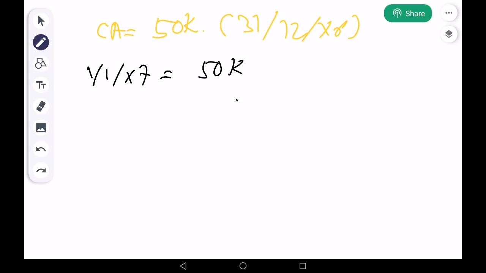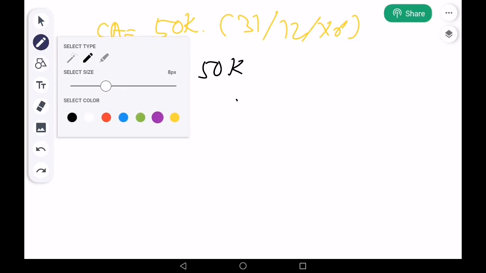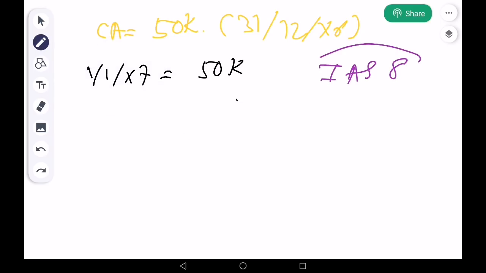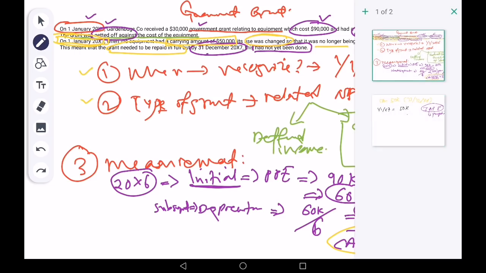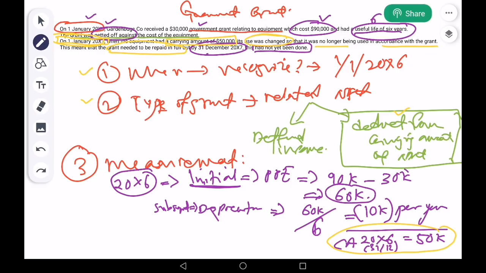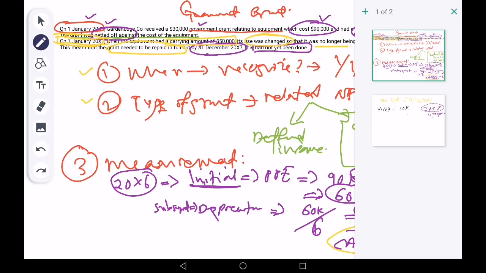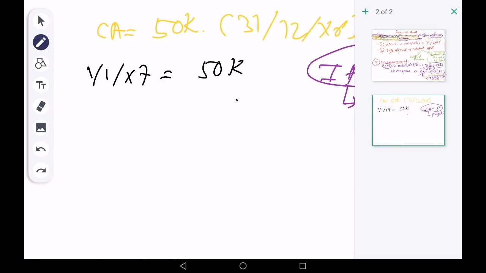You have to remember IAS 8: you use prospectively. That means you don't need to do retrospectively, you only do prospectively. That means you have to add back your 30k. Remember, at the beginning, in the initial recognition in 2006, you minus your 30k, so you must also add back your 30k because your grant has been revoked.